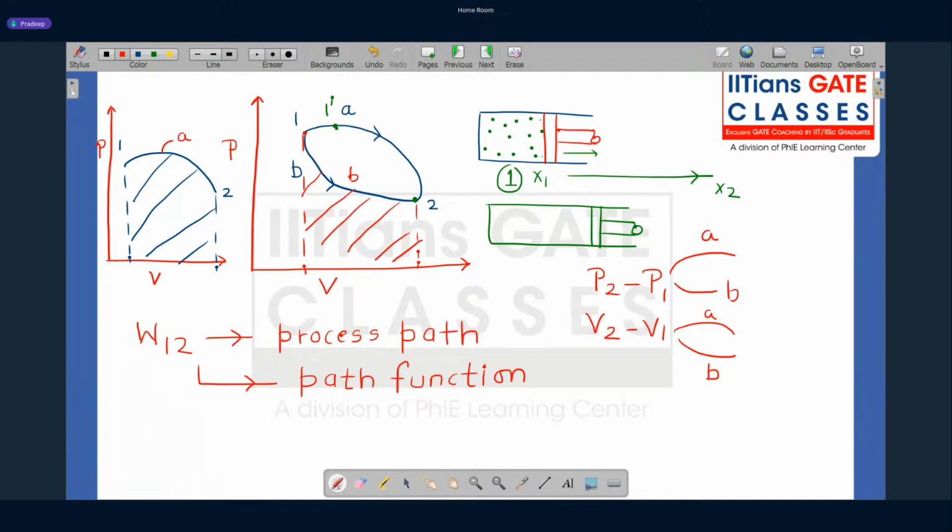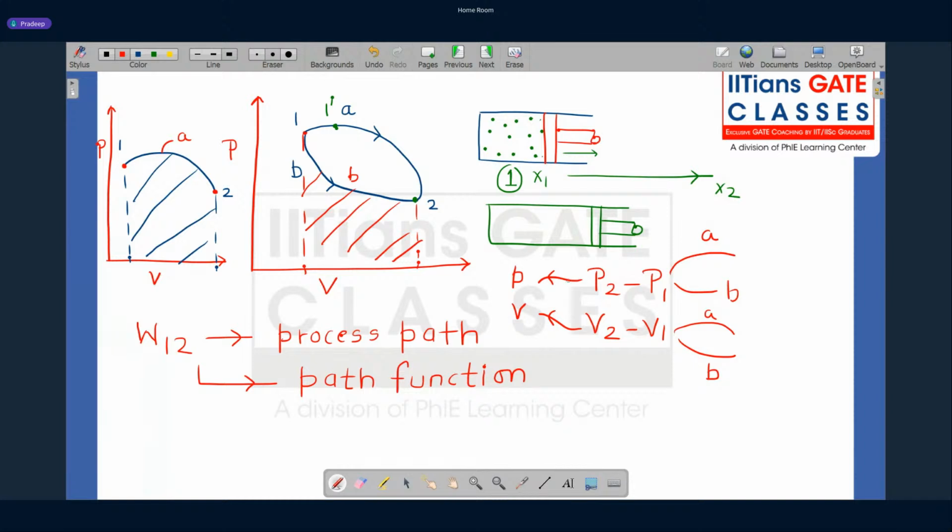If I am calculating P2 minus P1, P is a property of the system. V is also a property of the system. So when I am calculating the property change between the two states, what is the property change between the two states?